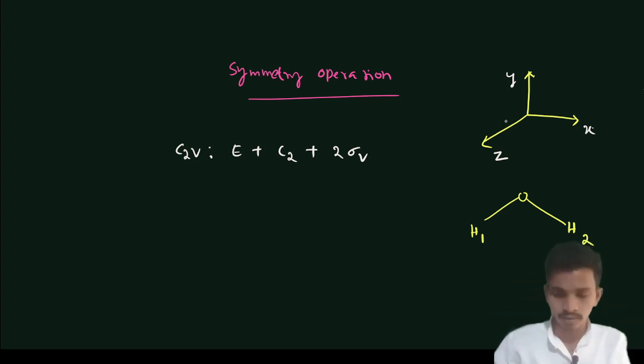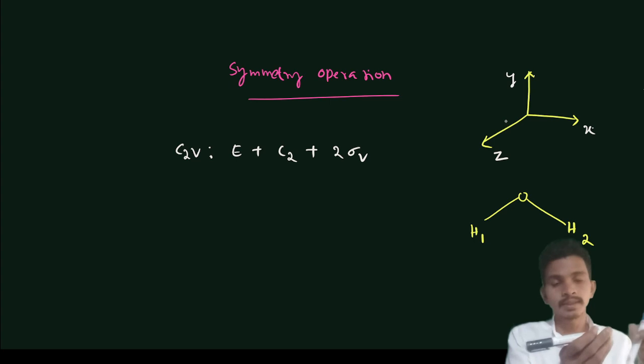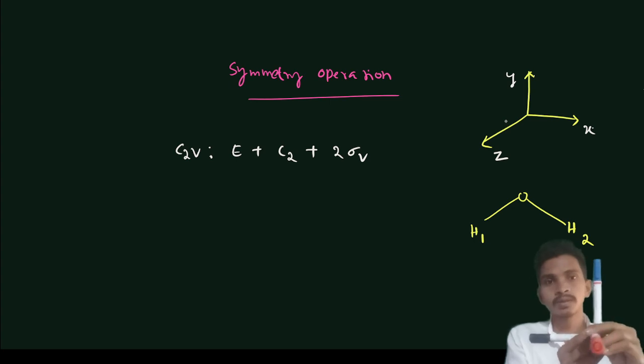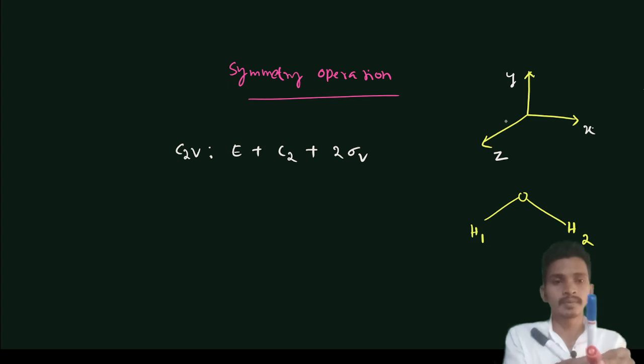These are the three axes. This is the x-axis, this is the y-axis, and one is towards you, the z-axis.